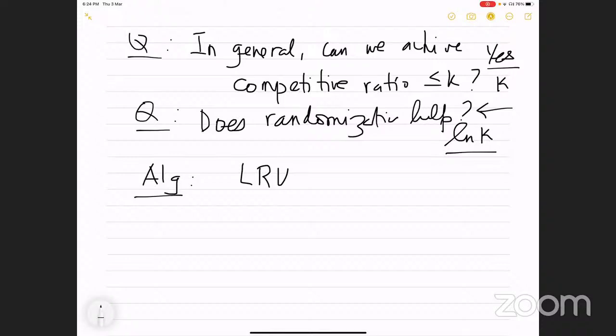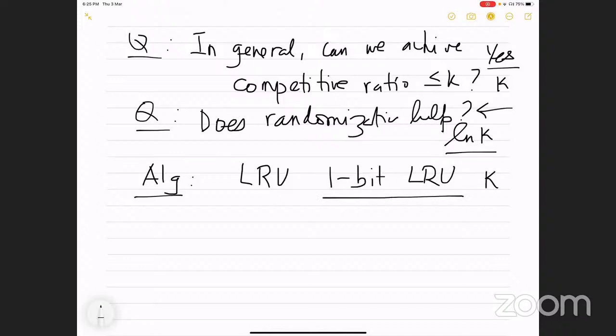So I will look at some sort of past behavior and evict a page which has not been accessed too often. The version that I'm going to describe is called 1-bit LRU, and you can have 2-bit LRU and all that. But even a very simple 1-bit LRU algorithm, as I will show you, has a competitive ratio of only k.